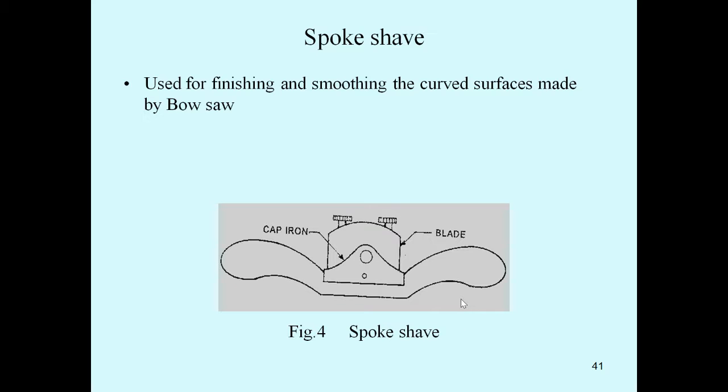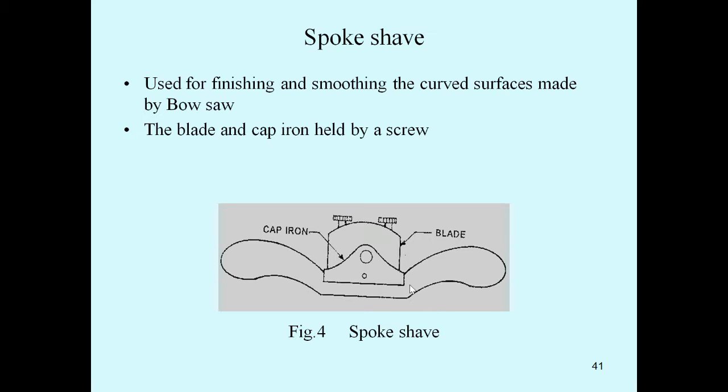These spokeshaves are used for finishing and smoothing curved surfaces made by the bow saw. So the curved surfaces produced by the bow saw are smoothed and given a surface finish with the help of this spokeshave.